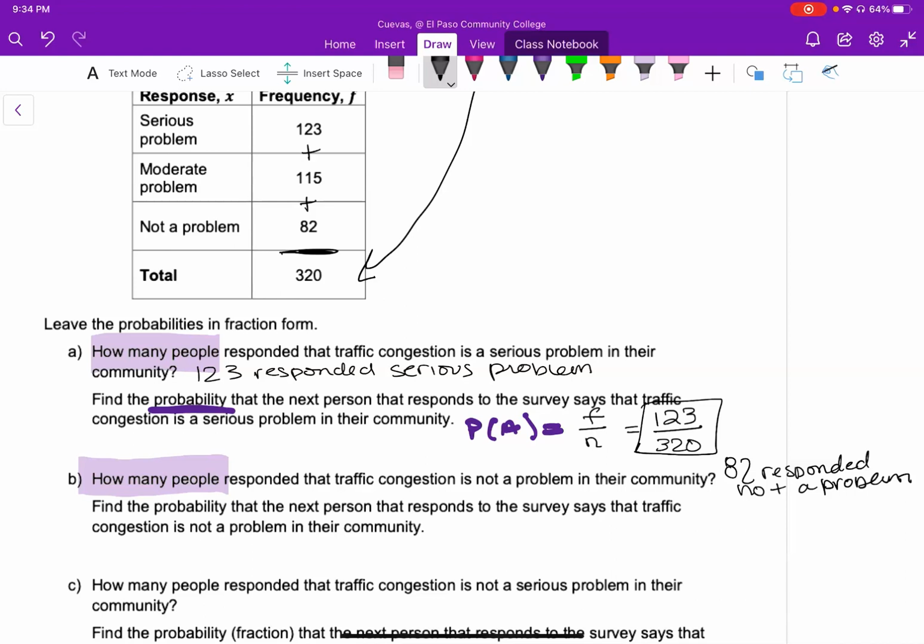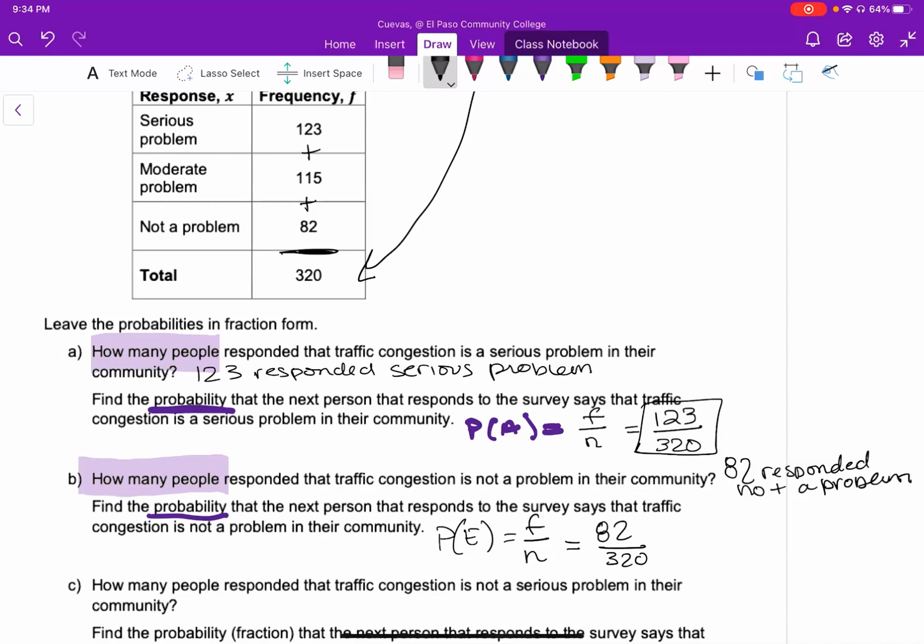The second part of this says find the probability that the next person that responds to the survey says that traffic congestion is not a problem in their community. Oh, I put an A earlier as well, and it should be an E, really. And so we're looking at the frequency divided by the sum of all frequencies, and the probability is 82 divided by the sum of all frequencies, which is 320.